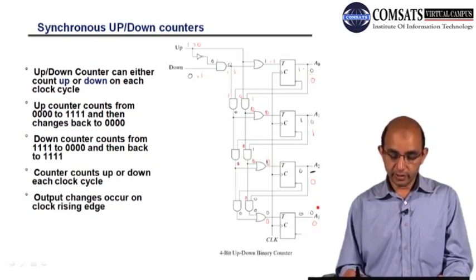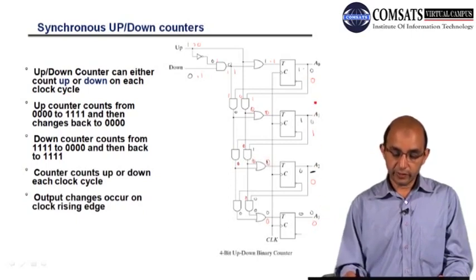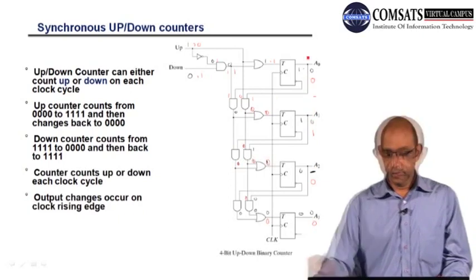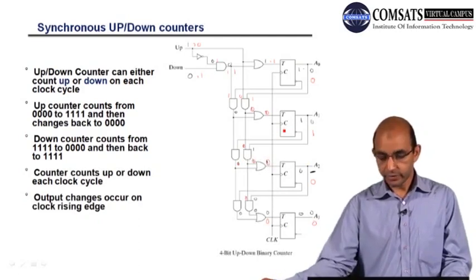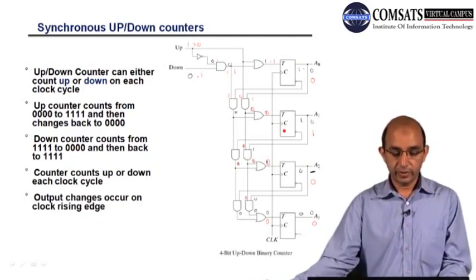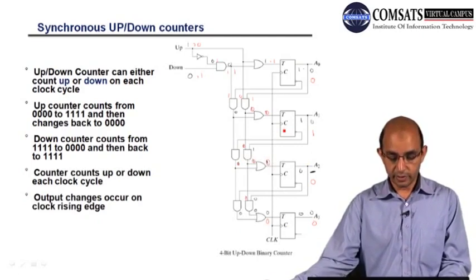Here you can see that when we have count down 1, count up 0, the flip-flops or the register has been decremented. So this is the functionality of the synchronous up-down counter.